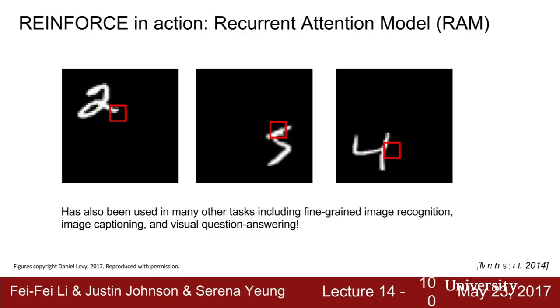It's also been used in tasks such as visual question answering, where we ask a question about the image and want the model to output an answer, for example, how many chairs are around the table? You can see how this attention mechanism might be a good type of model for learning how to answer these questions.